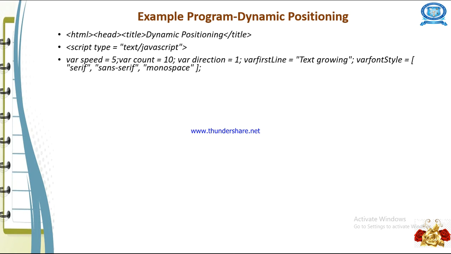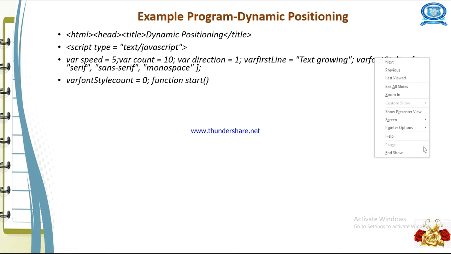The first line is the text growing. Then the font style, and the names, and next declare the values. We also have to use functions. The function is called start, with the style value and count value.